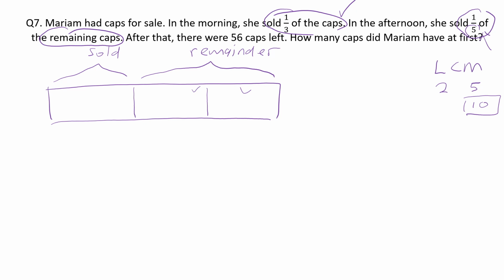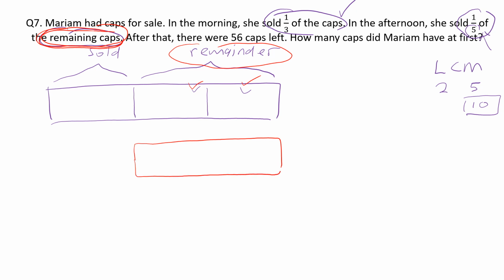So for this question, I would make it like this. Look at it closely. Look at the remainder here. There are 2 units, 1, 2. And they say in the afternoon she sold 1/5 of the remaining caps. The keyword here is remaining. Annotate it, remaining caps. So what I'll do is I'll draw this model again. Right now it is only 2 units.